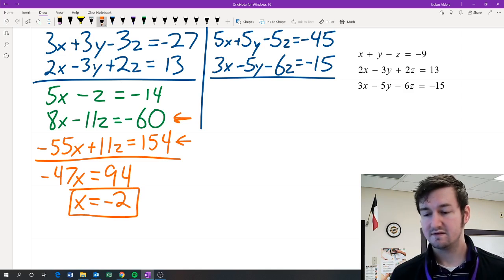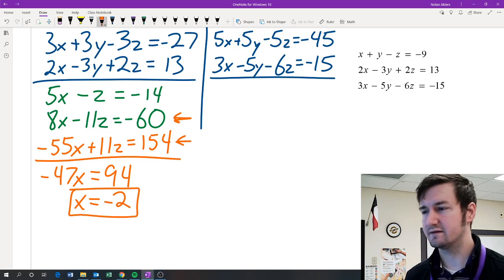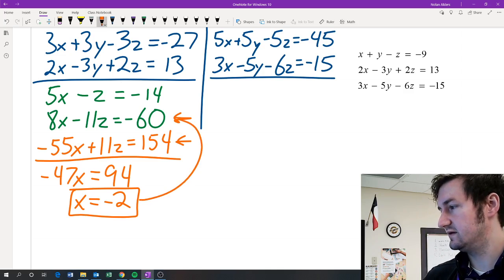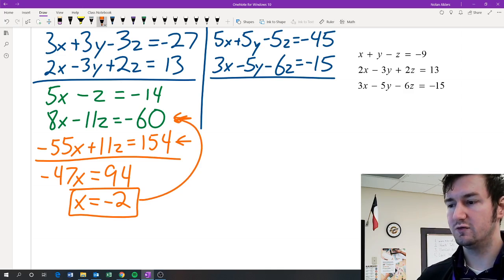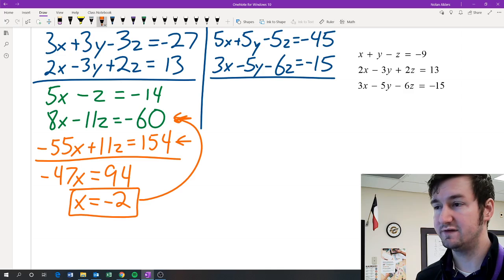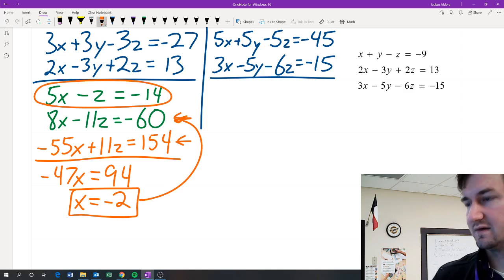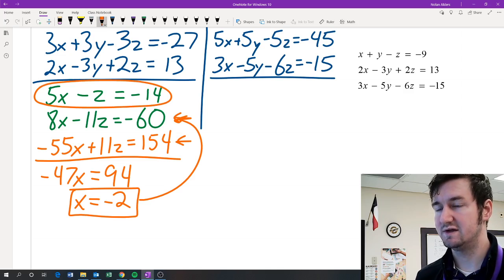Okay. Now we can take that answer of negative 2 for x, and we can substitute that into one of the two green equations here, and we could solve for z. I'm thinking we should substitute it into this top equation right here, since that looks like it might be pretty easy to solve for z.